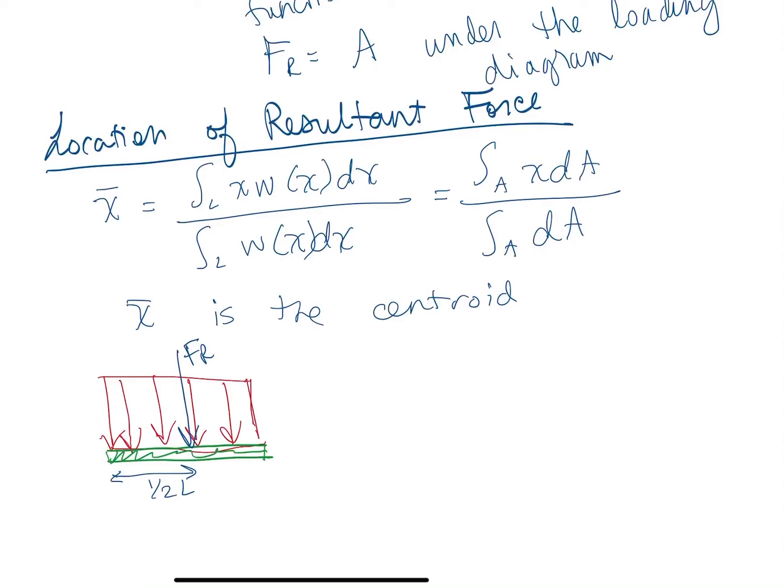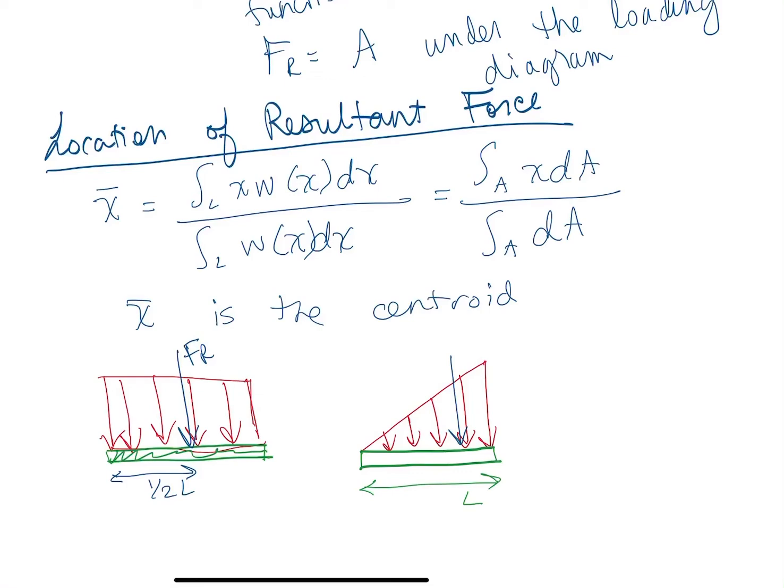For the case where it's a triangle, say it's something like this shape, we have that beam that's length L. With this one, the resultant force, so it's a triangle, it's going to be basically 1/3 from the heavier part of it.